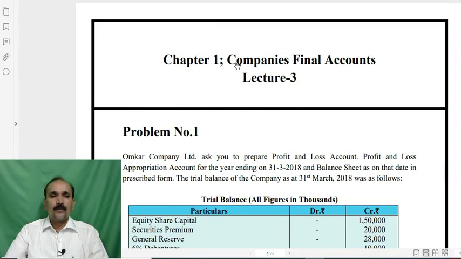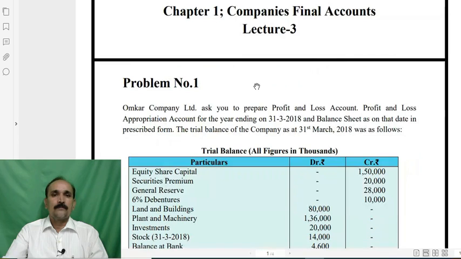Today we are going to learn Chapter 1, Company Final Accounts, Lecture 3, Problem Number 1. Before solving the problem, we have to read it properly and decide how to solve it.